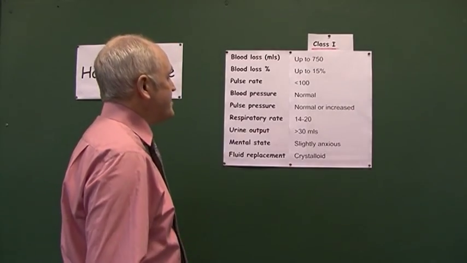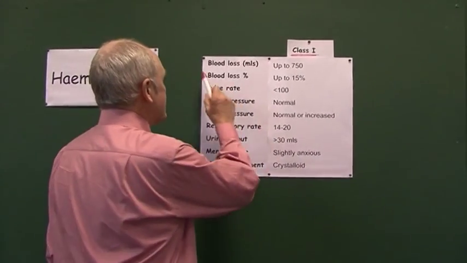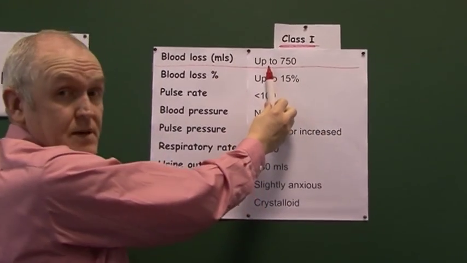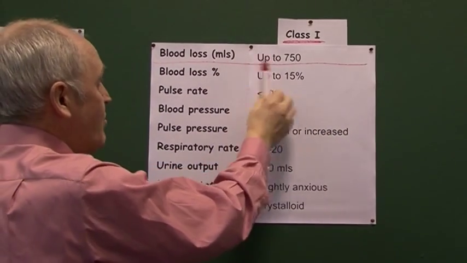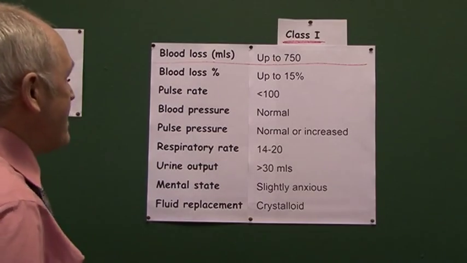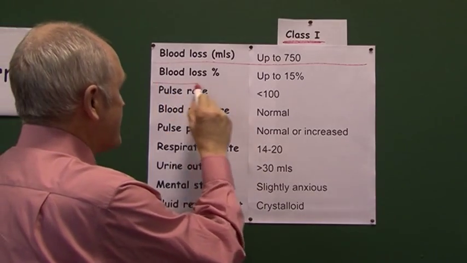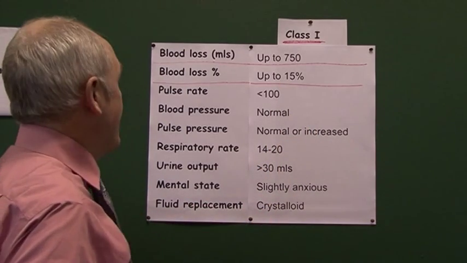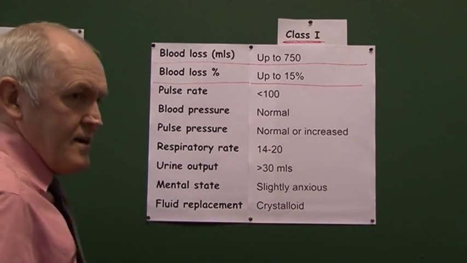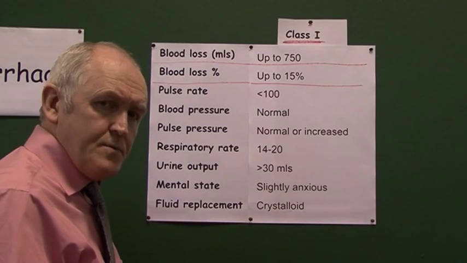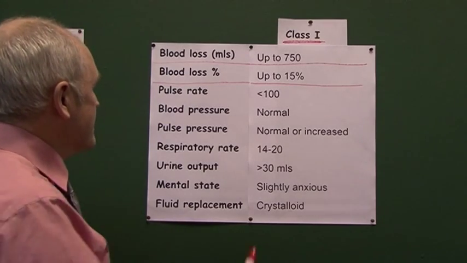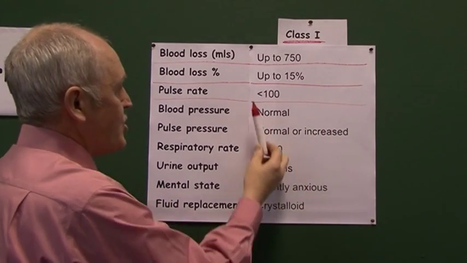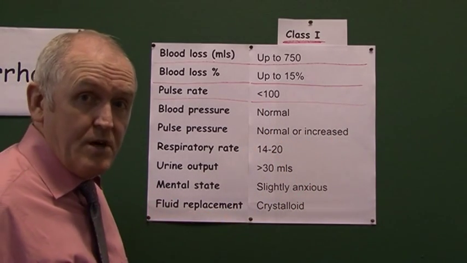And the first classification, obviously, is class 1 hemorrhage. So in class 1 hemorrhage, the blood loss would be up to 750 mils. No more than that. And that represents a percentage of blood loss of up to 15%, no more than that. All other things being equal, with this degree of blood loss, the pulse rate in a reasonably healthy person should still be less than 100 beats per minute.